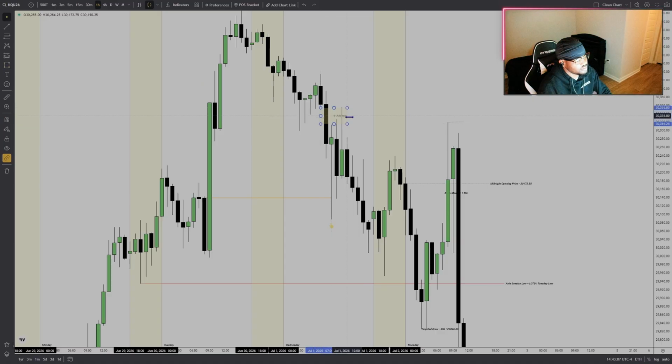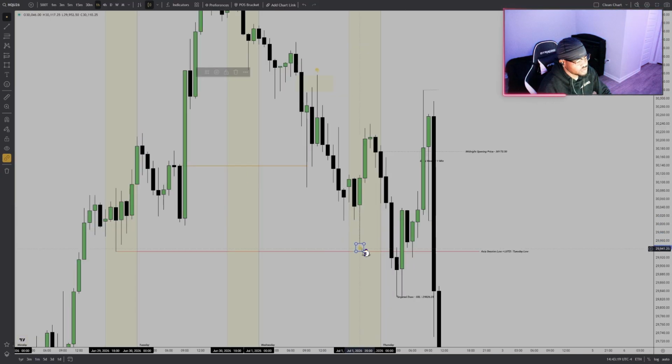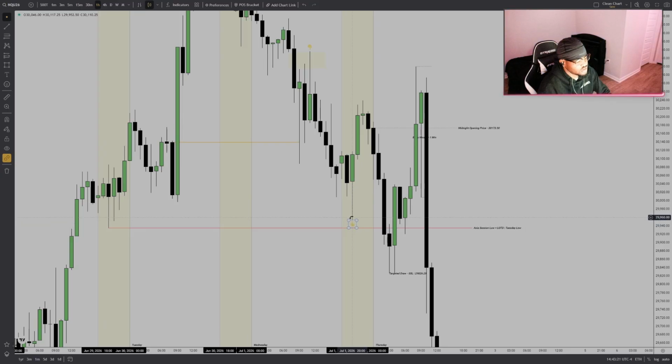Fair value gap. And then price shoots its way right back down and continues making lower lows until we end up making the low for July 1st, which is Thursday.